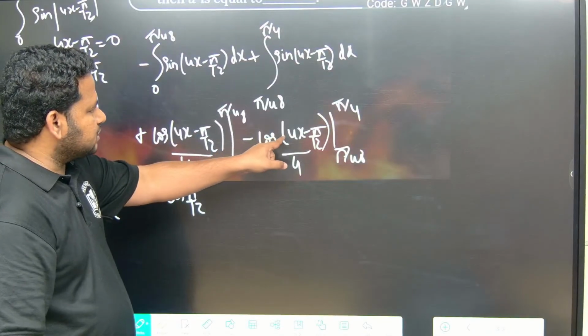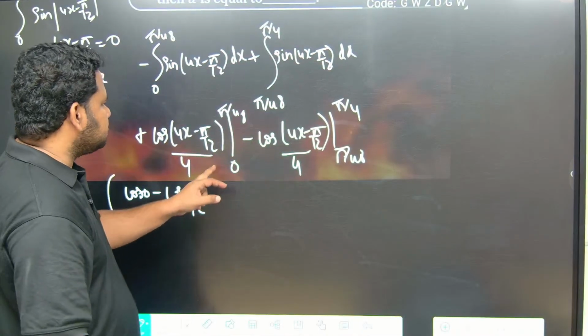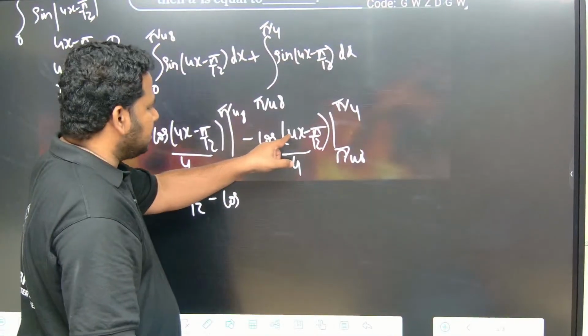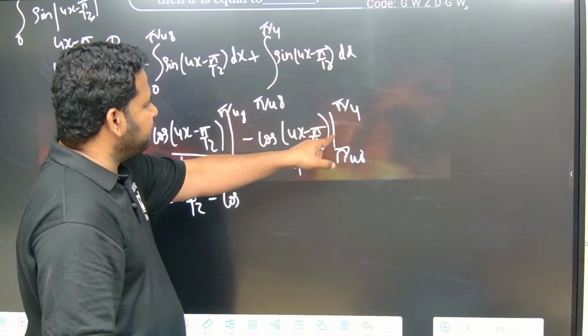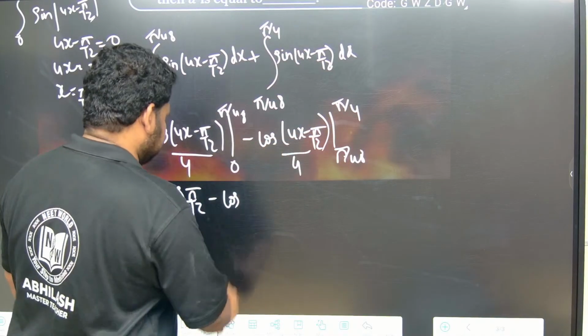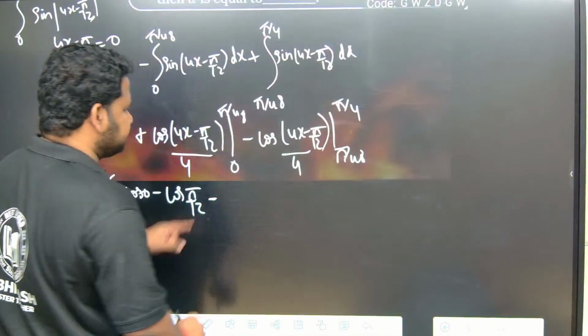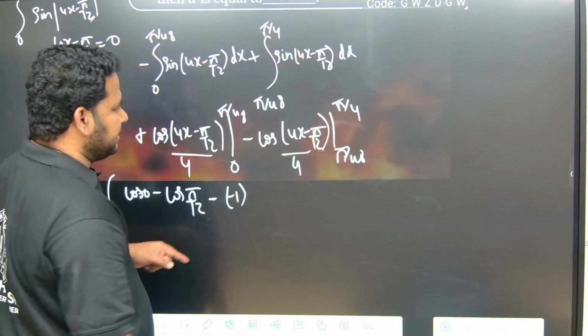Now for the next one, cos of 4 into pi by 4 is cos pi, which equals minus 1. The outside sign is minus, so this will be minus 1.